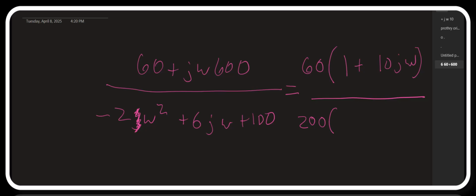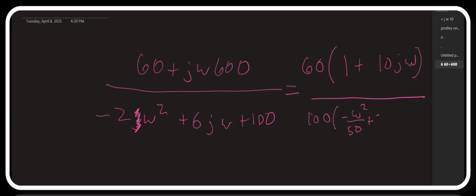Negative omega squared plus 3j omega, no, I factor out a 100, and I have negative omega squared over 50 plus, what was I thinking?